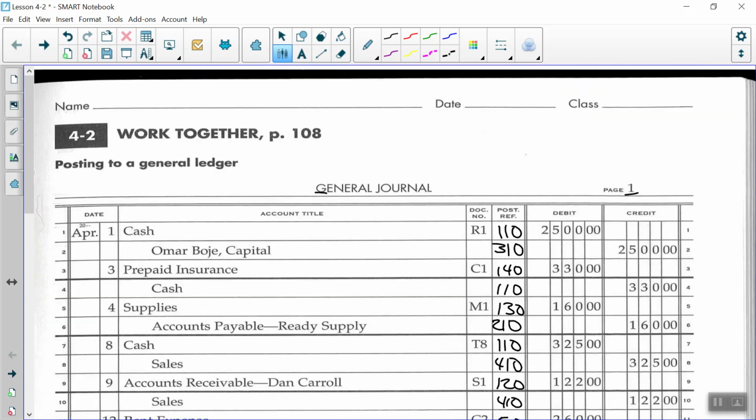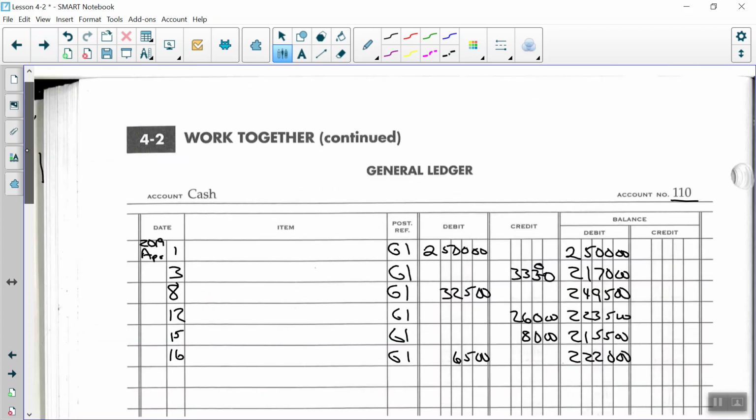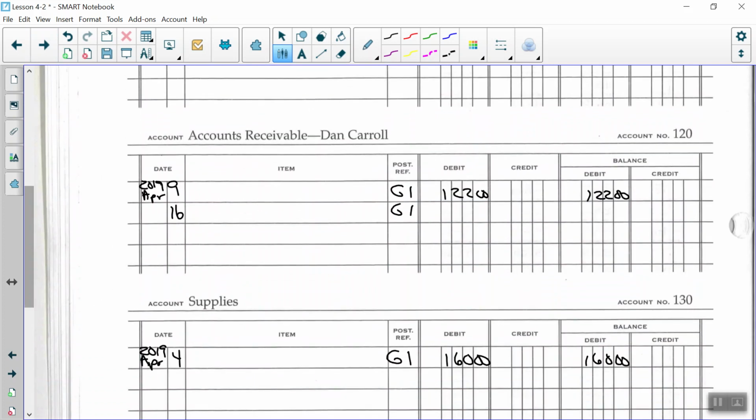All right, so then we come back. 110. So now we go to Dan Carroll. So 16th, G1, we're going to credit 65. 122 minus 65 is 57. So he still owes us $57.